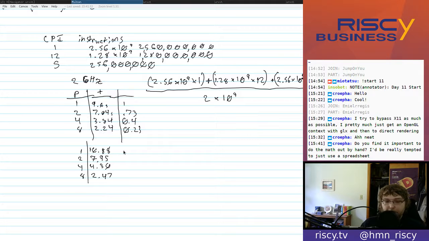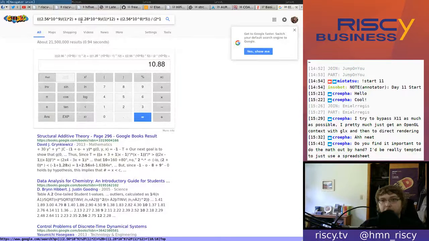To what should the CPI of load store instructions be reduced in order for a single processor to match the performance of 4 processors using the original CPI values? Okay. So there's 2 ways to do this, arithmetic and trial and error. It's tempting to just do trial and error because I have the expression right here to play with.